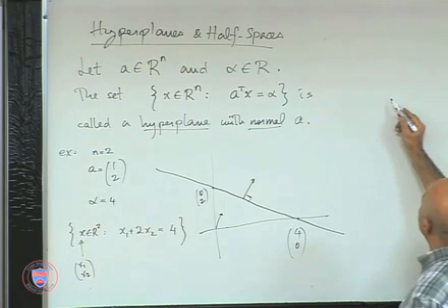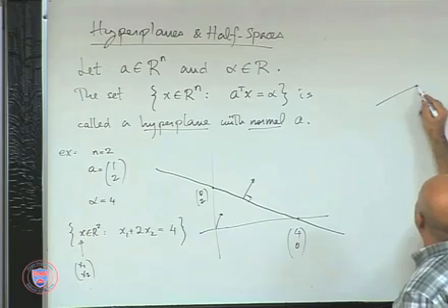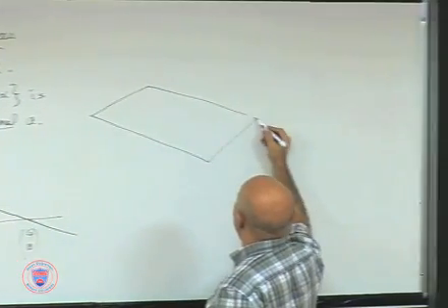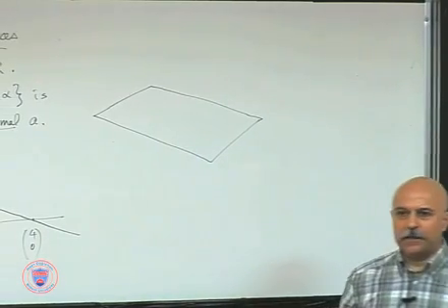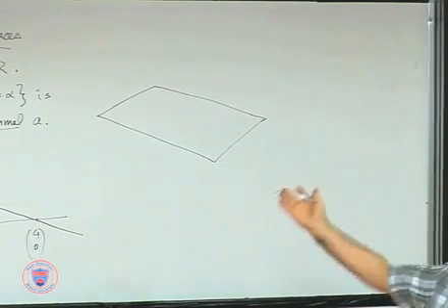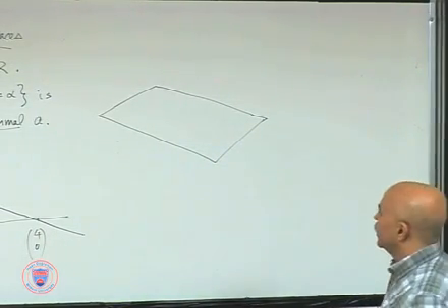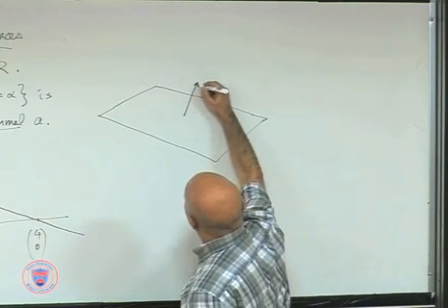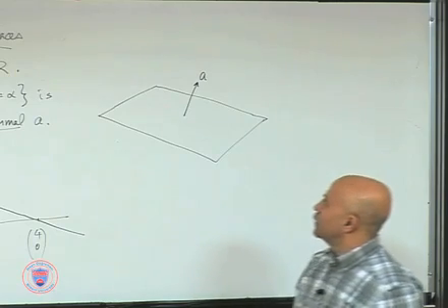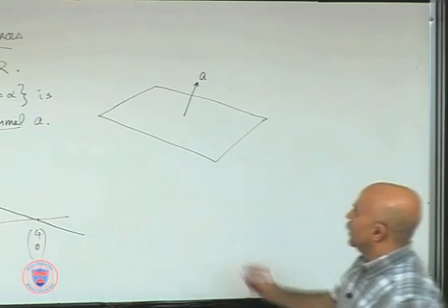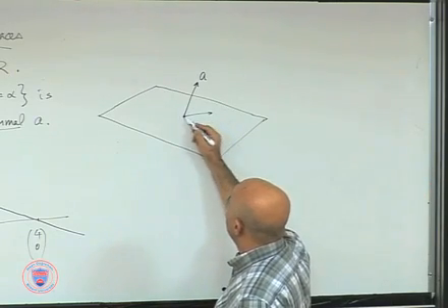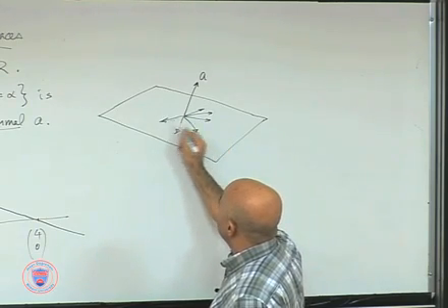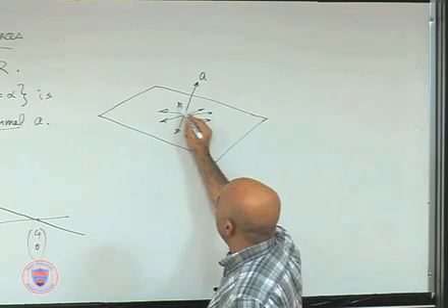If you have a 3-dimensional space, you would have a hyperplane such as this one. It would be a regular plane extending in all directions, of course. The normal of this would be this vector, and it will be perpendicular to all the vectors that you can see on the hyperplane.